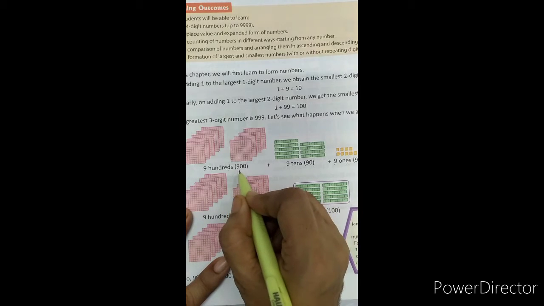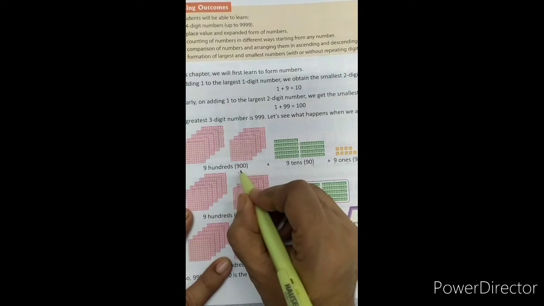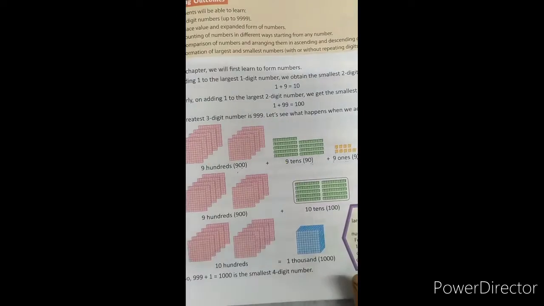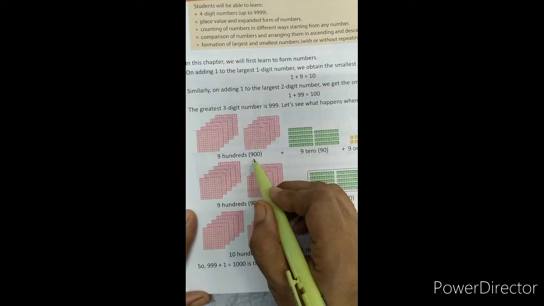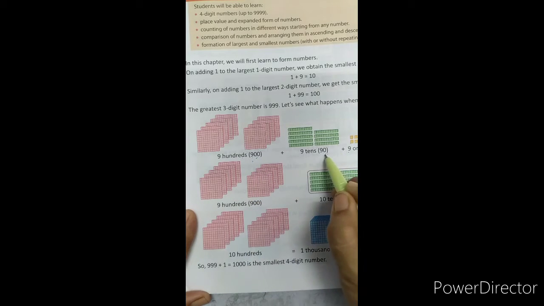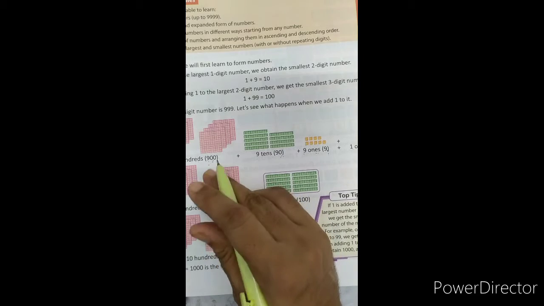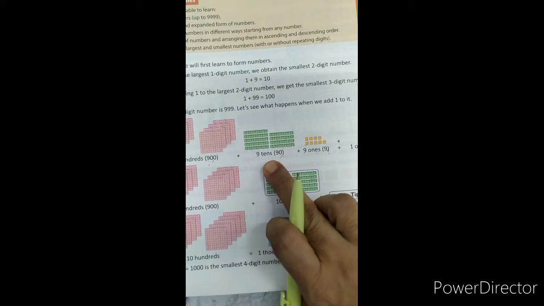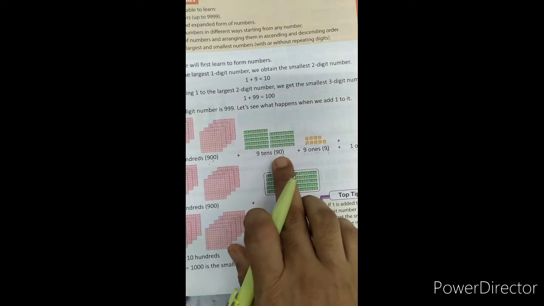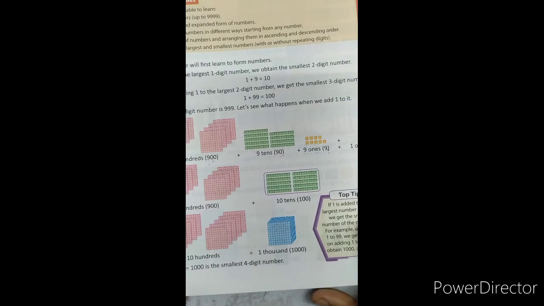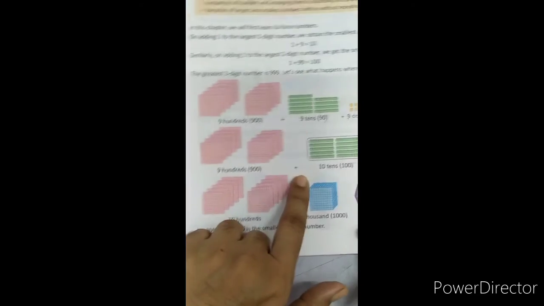So your total number becomes: here you can see 900, here you can see 90, here you can see 9, and here you can see 1. So the number becomes 9,991.